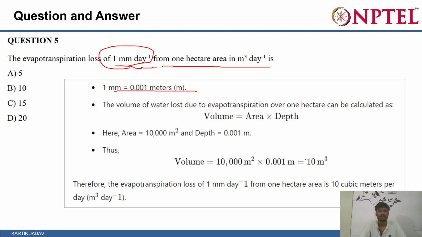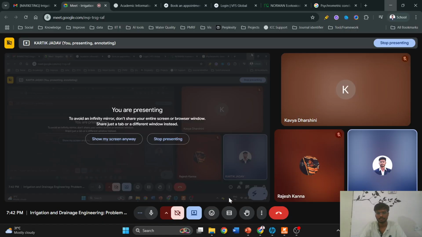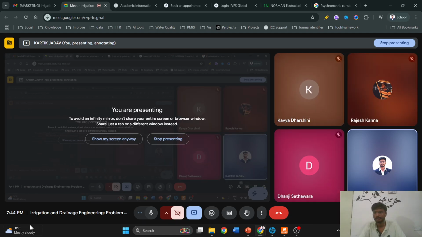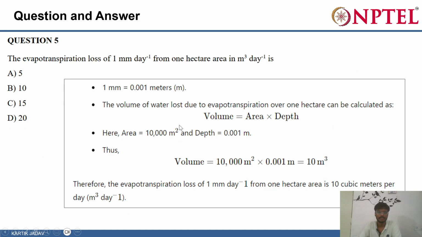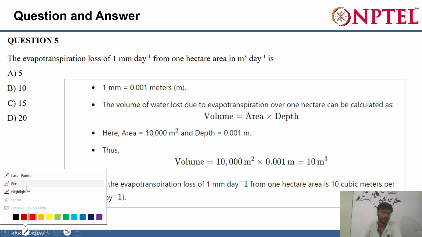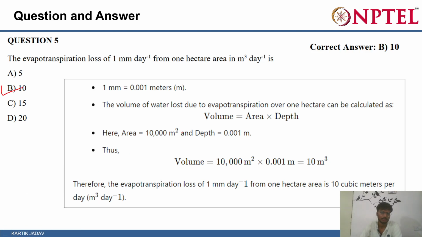The area, 1 hectare, is 10,000 square meters, and the depth lost from this area is 1 mm per day. So by multiplying this, we get the amount equal to 10 cubic meters. The correct answer is option B.